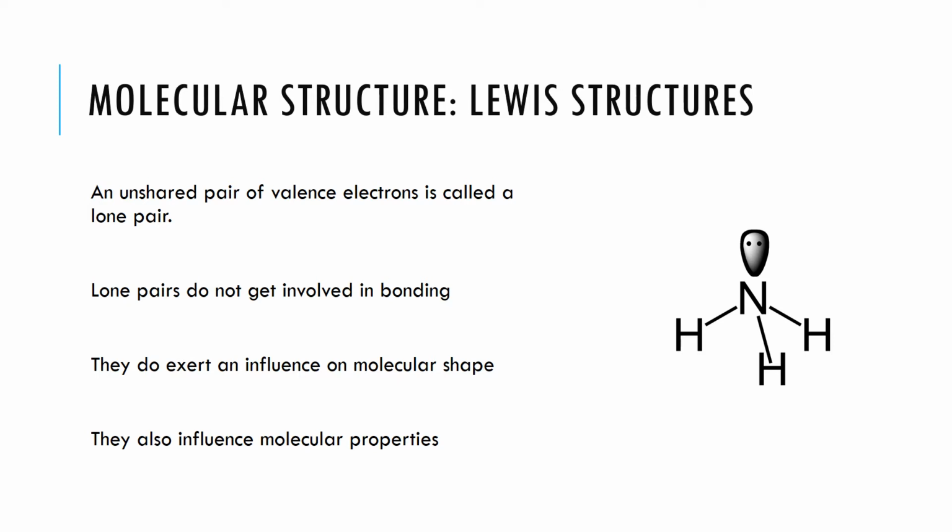And so you can start to understand the effect or the impact that these lone pairs of electrons may have on molecular shape. And if they impact molecular shape, then they also have an influence over molecular properties and will dictate the chemical and physical properties that an atom or an ion exhibits.